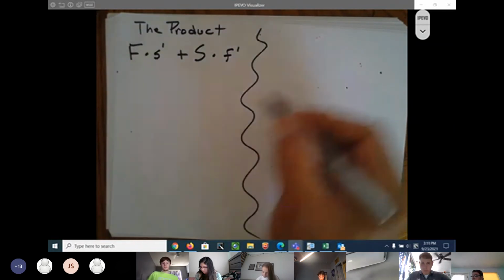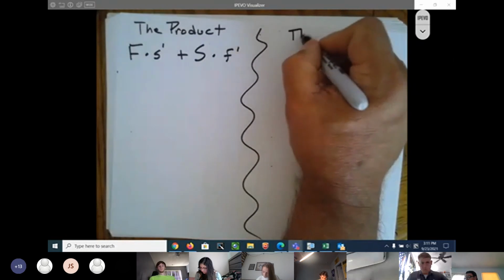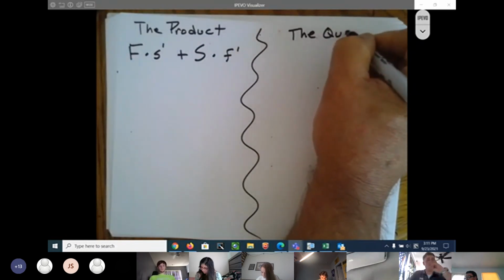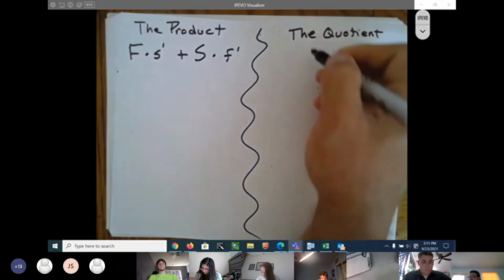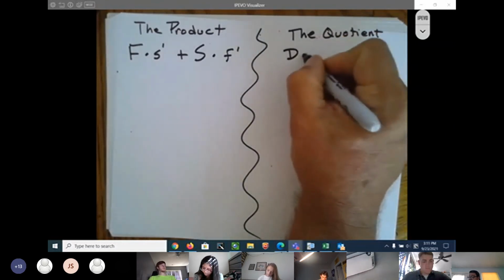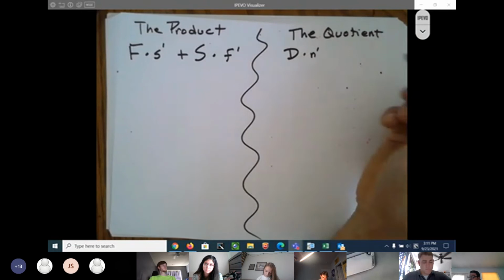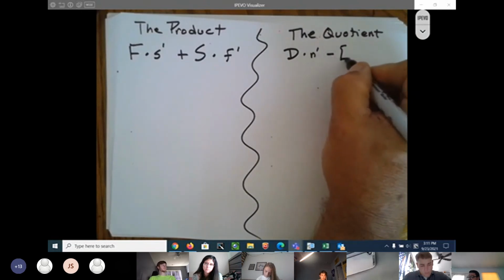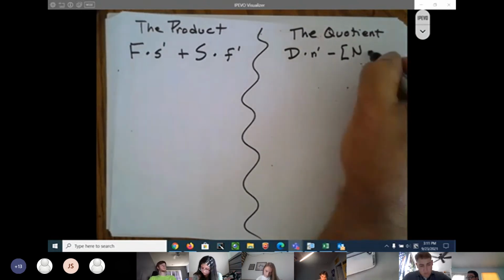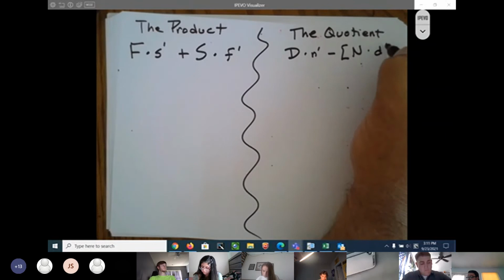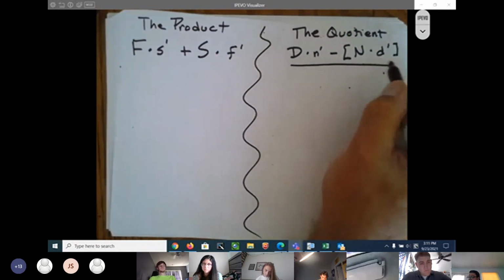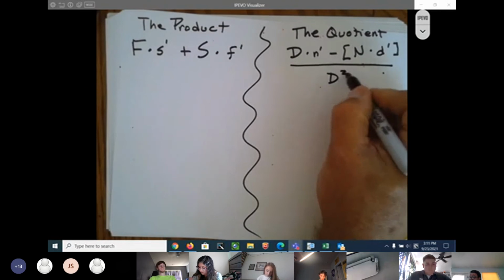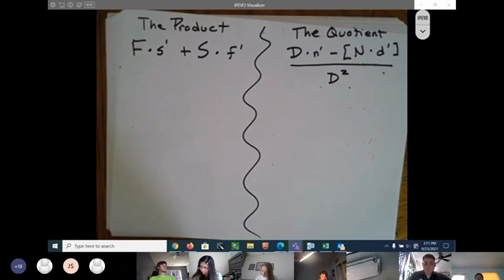The quotient rule is the denominator times the numerator prime minus the numerator times the denominator prime, all over the denominator squared.